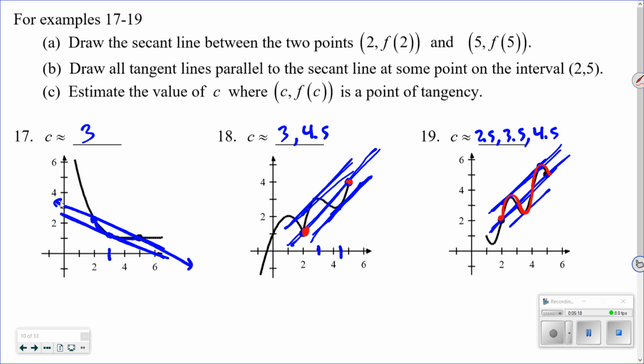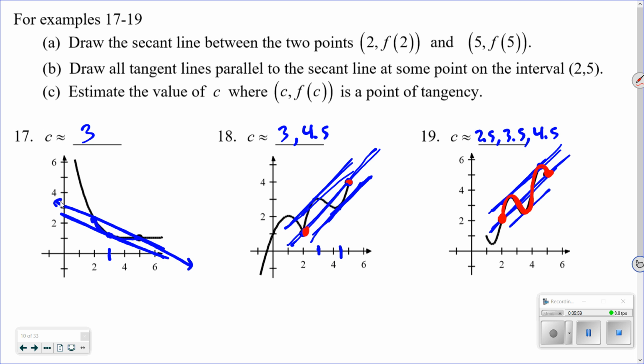But the idea is this: if I pick 2 points on a graph, so for example, that point and that point, and the function is continuous from that point to that point, including the endpoints, it has to include the endpoints, and it's differentiable between the endpoints, then if I draw the secant line, there's going to be at least one point between the start point and the end point where the slope of the graph, the actual slope itself, is equal to the slope of the secant line. Those will always be equal.